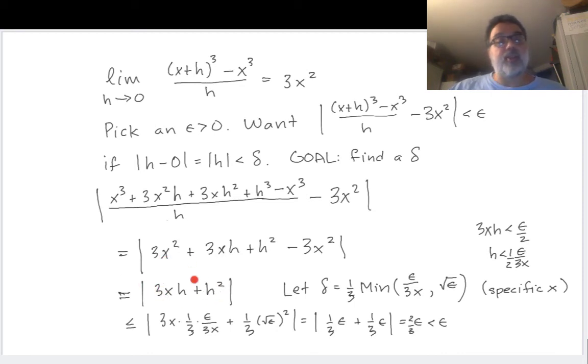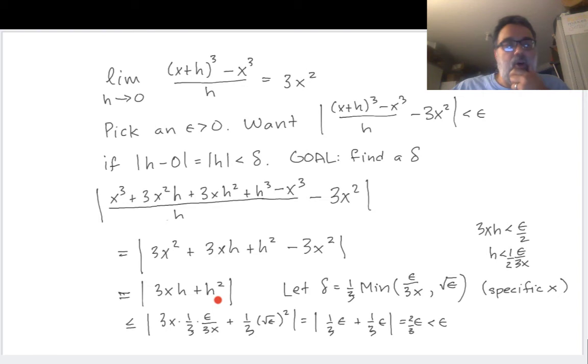Because when we look at this, we're thinking about h being a small number. We could guarantee that this thing is small if h was small enough. I was thinking about it, and it depends on x.